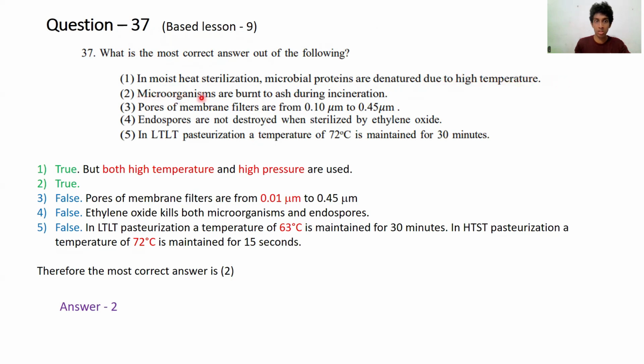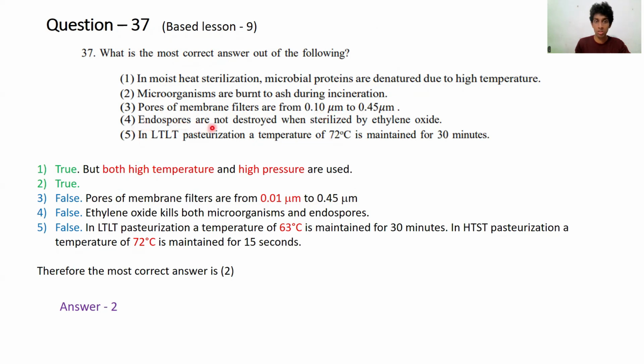Second one, microorganisms are burned to ash during incineration. That's completely true. Third one, pores of membrane filters are from 0.1 micrometers to 0.45 micrometers. That is false because pores of membrane filters are from 0.01 micrometers to 0.45 micrometers, not 0.1 micrometers.